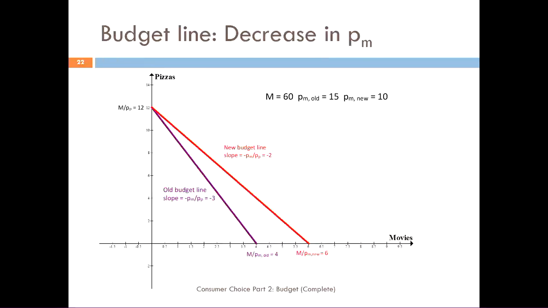So it looks something like the following. So when the price of movies fell from 15 to 10, the budget line rotates out. Same vertical intercept, higher horizontal intercept, and the slope is flatter.